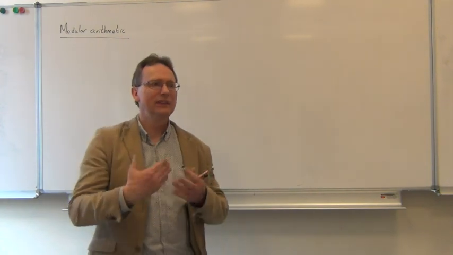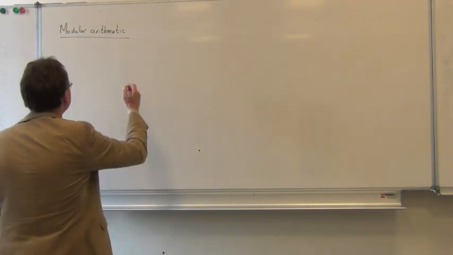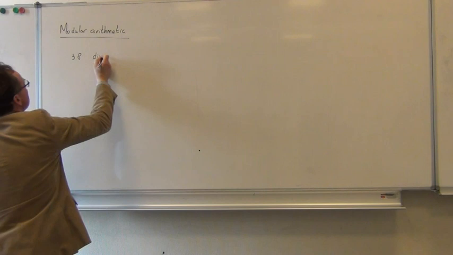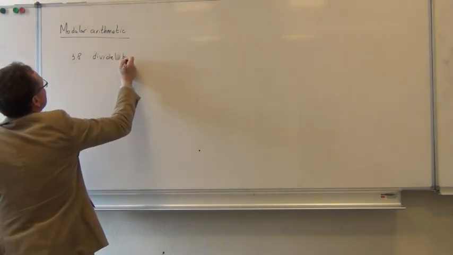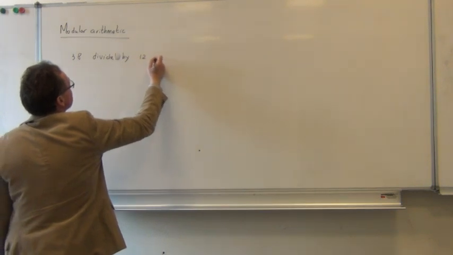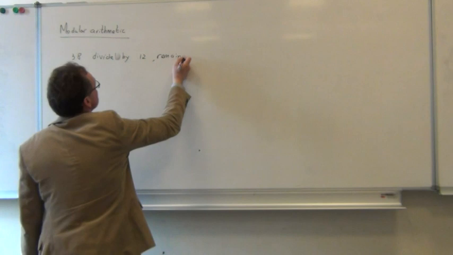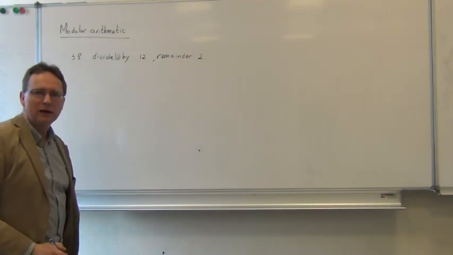So you look at the remainder when you divide by 12. For example, if you look at 38 and divide by 12, the remainder is 2, because 36 is 3 times 12, plus 2.